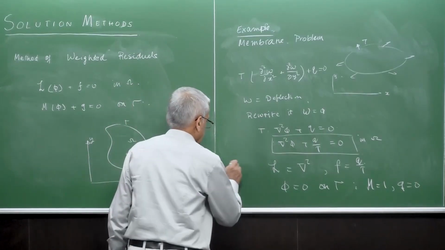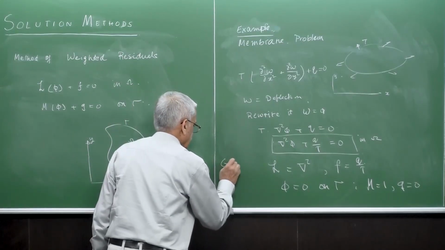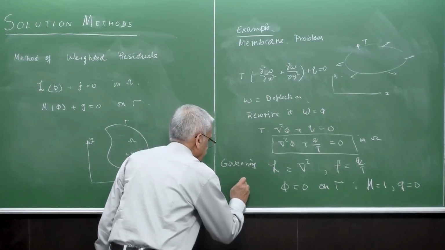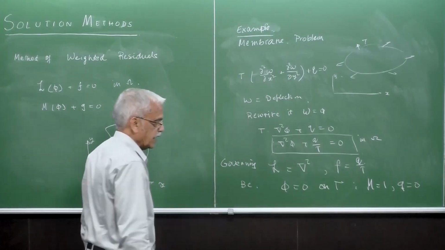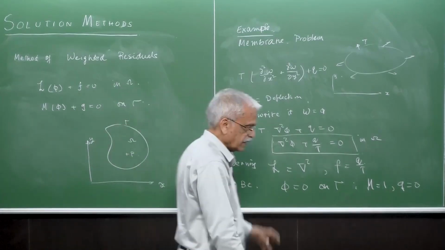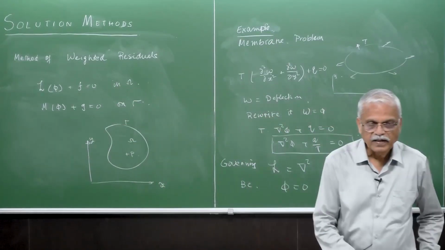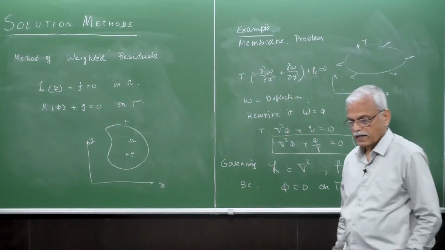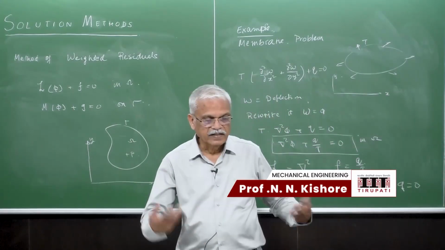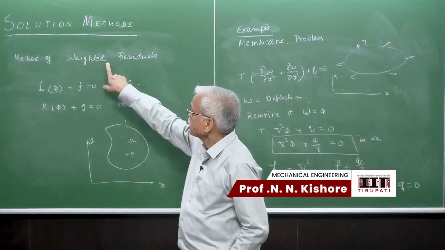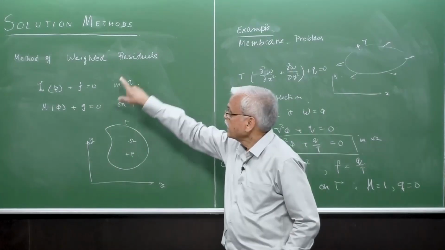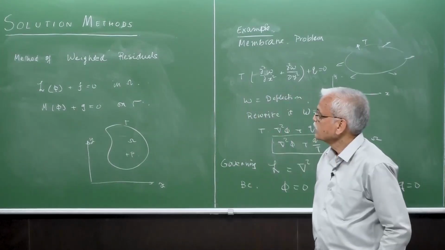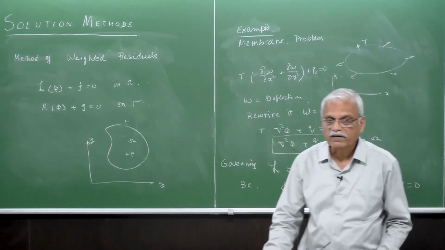So this is the governing differential equation, and this is the boundary condition which we can identify. I'll stop at this moment, and then we'll continue with one other application, the heat conduction problem, and then proceed to the important facts hidden in this method of weighted residuals. Okay, bye for now.